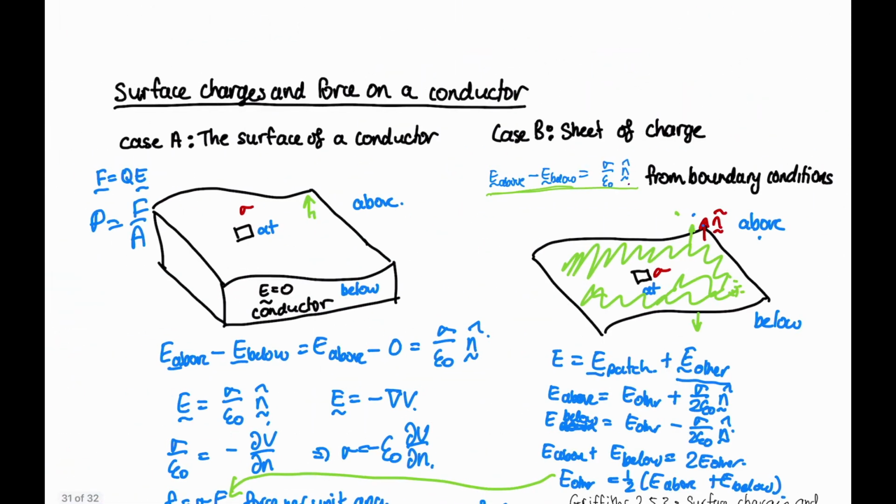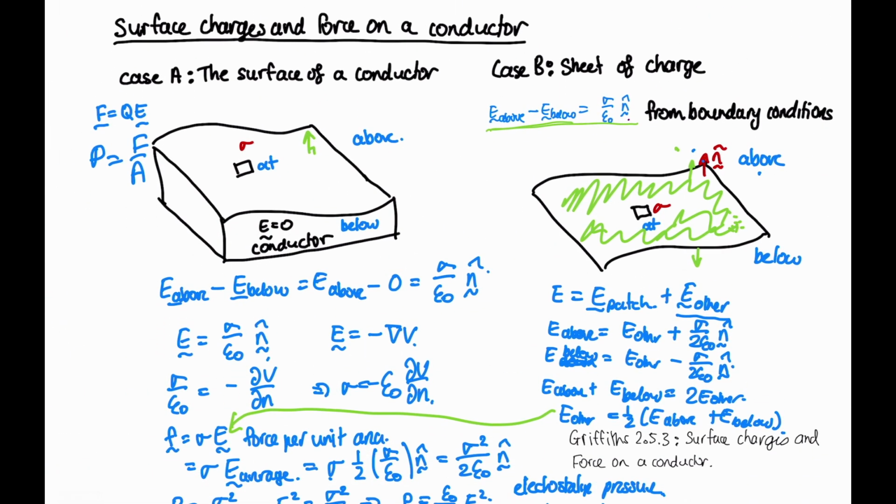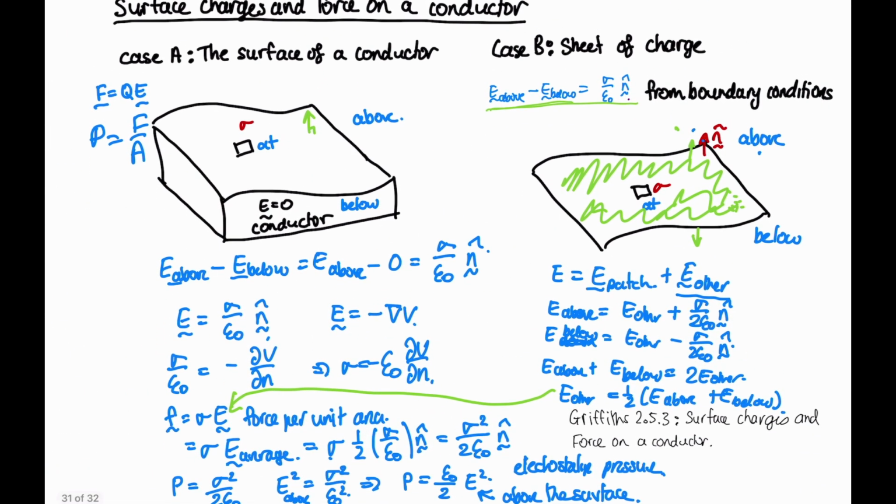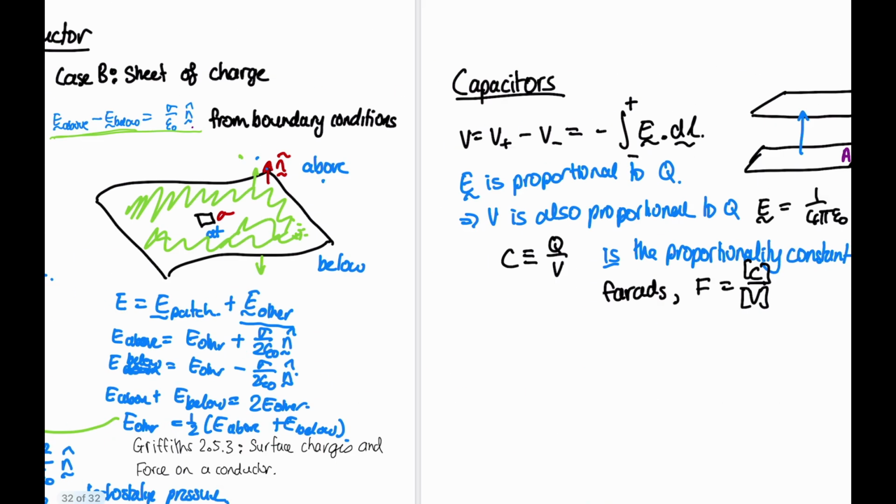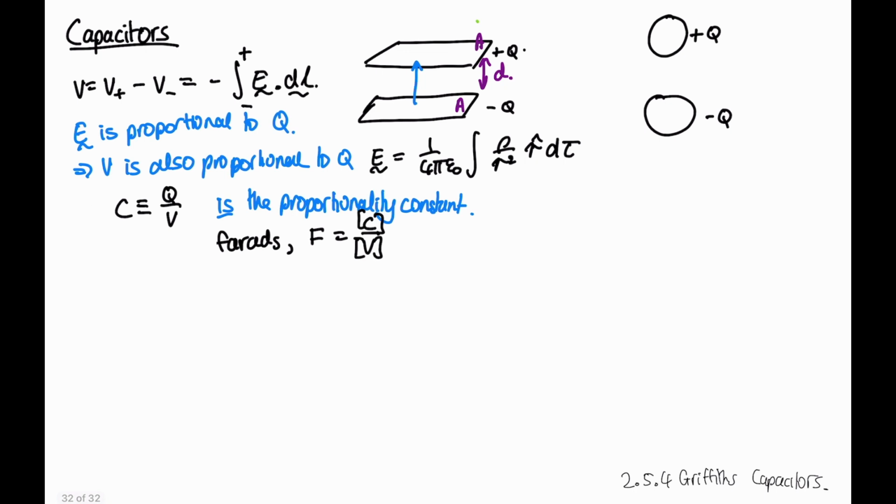Just to jog your memory, this is the latest place where we used it. We said that with a sheet of charge like this, we had an electric field of sigma over 2 epsilon naught coming up on this side, and an electric field of minus sigma over 2 epsilon naught going down on the other side. So let's sketch that on here.